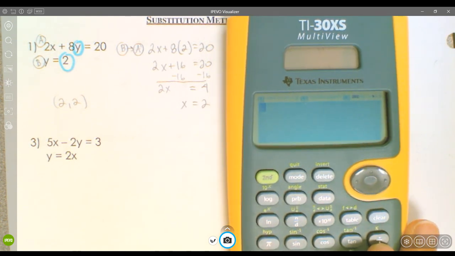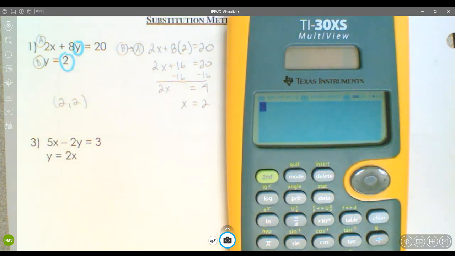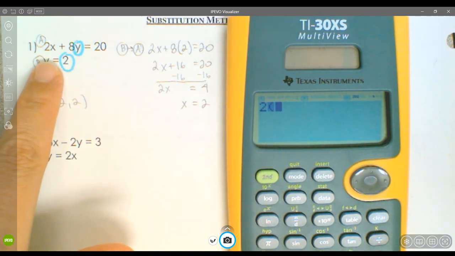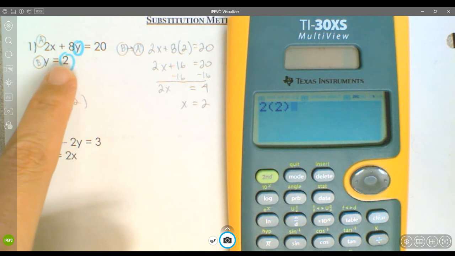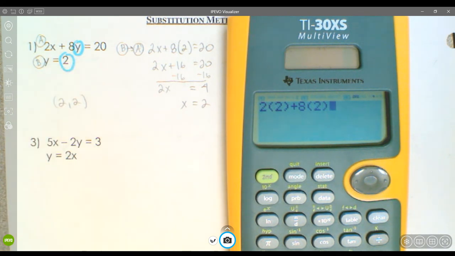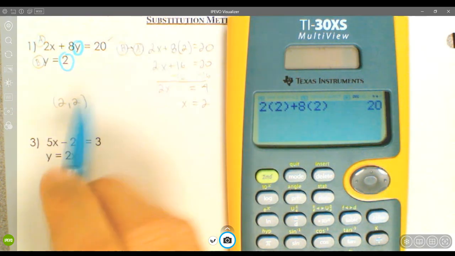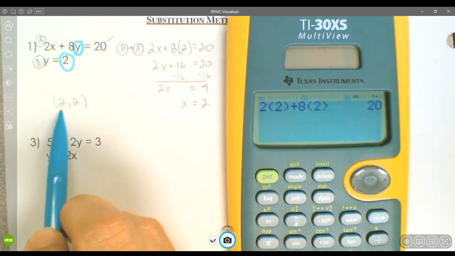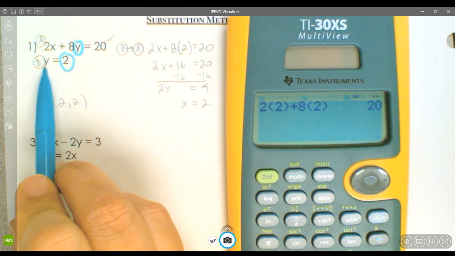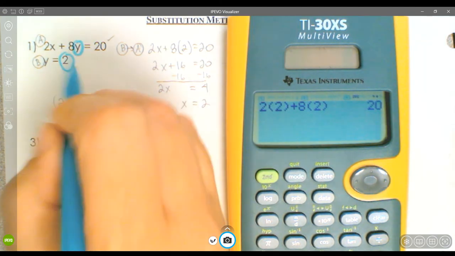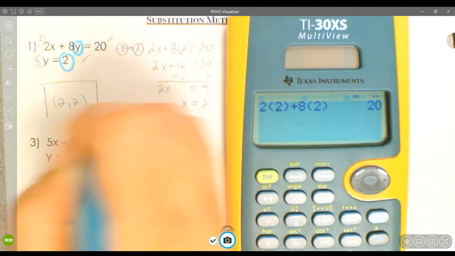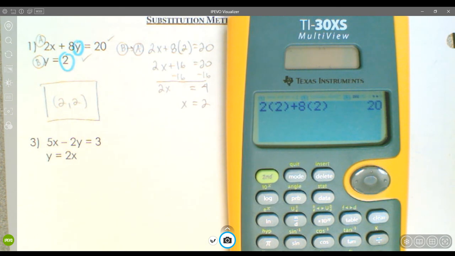You don't know how many video edits I've had to make. So I need 2 times x, which is 2, plus 8 times y, which is 2. I should get 20. I get 20. And when I look at my ordered pair, does the x coordinate equal, oh, my bad. Does the y coordinate equal 2? Yep, it does. So boom, there it is. It's the right answer.